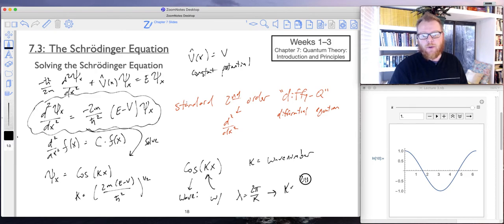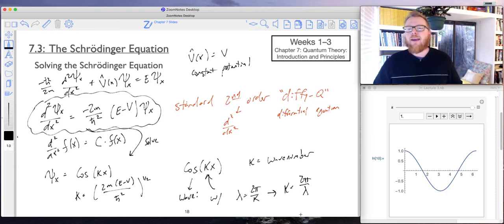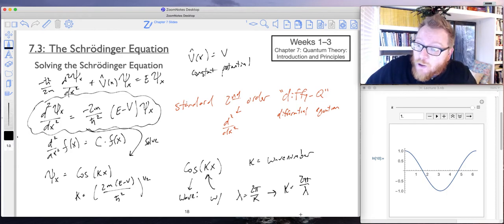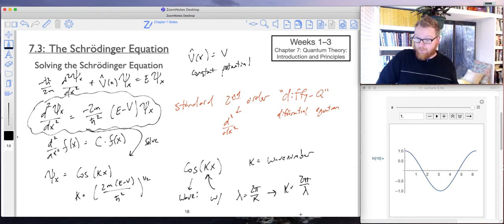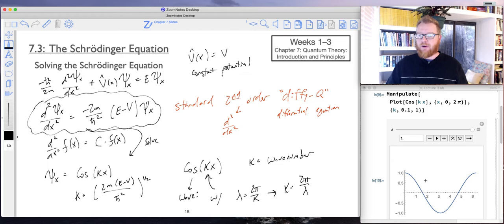So that's 2 pi divided by lambda, all right? A small wave number gives me a big wavelength, okay? So let's see how that shakes out here.